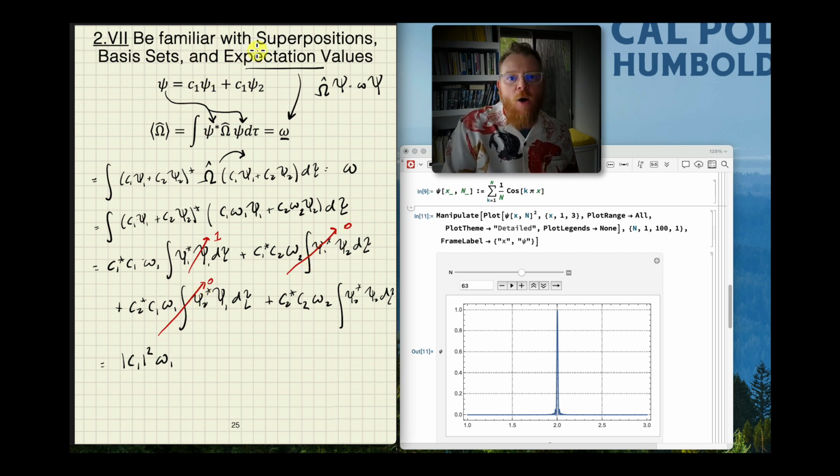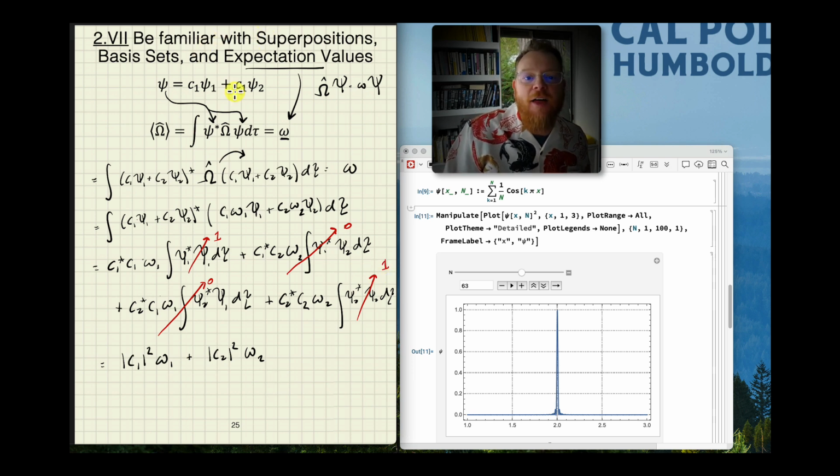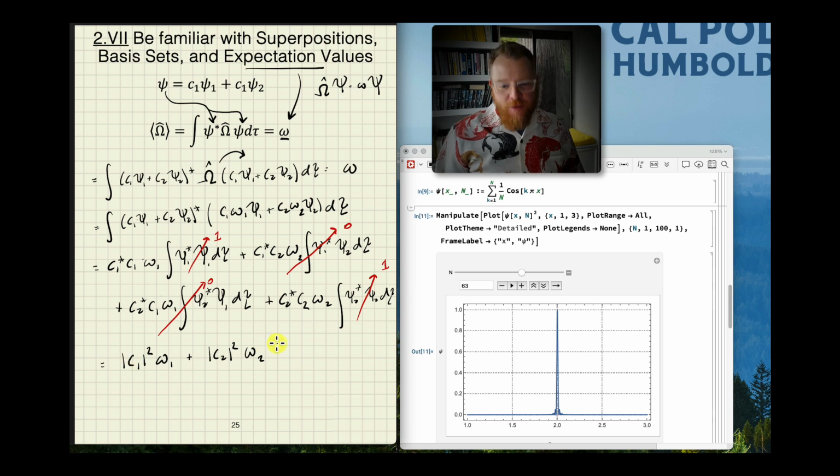And then we've got plus C2 star C2, which is just the square modulus of that term, times omega 2. And because we've imposed that these two same wave functions are normalized, that just becomes 1. And thus, we have the following equation, and all of that equals the expectation value.